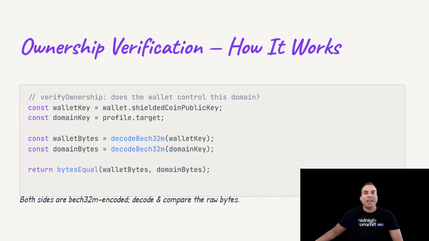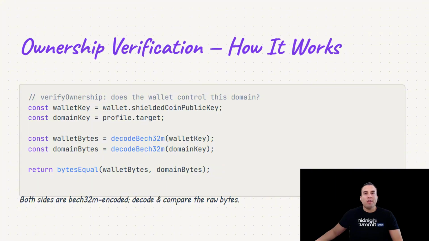How does the SDK verify that the connected wallet actually controls a domain? Let's read the code. Line 1. Grab the wallet's public key. That's what Lace exposes through the DApp connector API. Line 2. Grab the domain's target. That's also a public key, the one the domain points to on-chain.